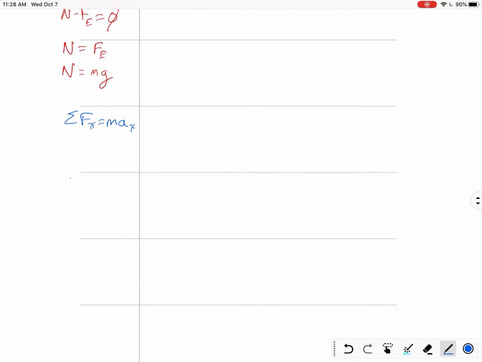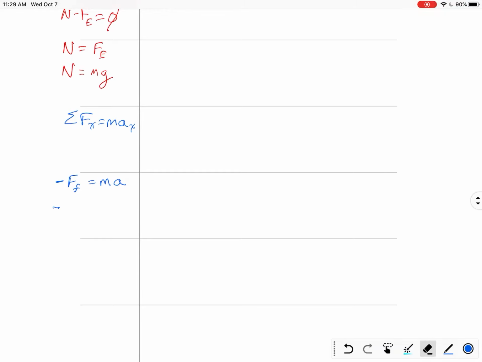We've got one force that's acting, and it happens to be in the negative direction. And we've already defined what the acceleration is with a little letter a. What is the force of friction? Well, it's a kinetic friction.